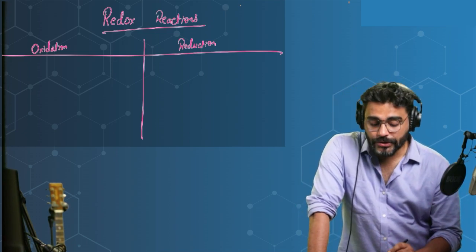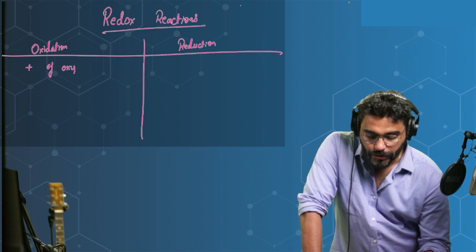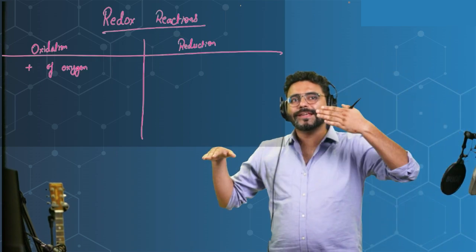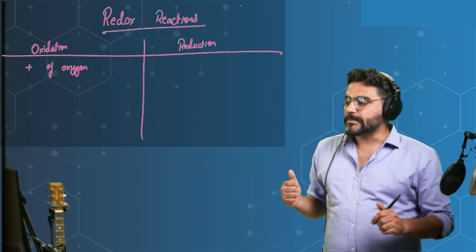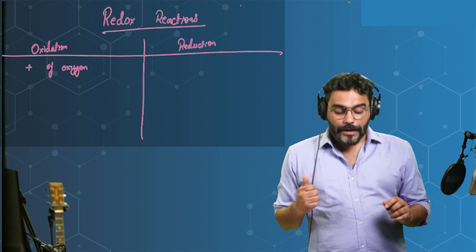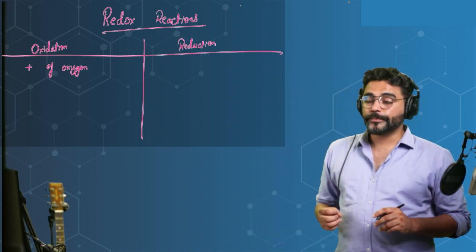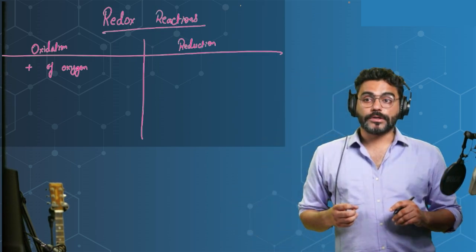The first definition of oxidation was addition of oxygen. Great. And oxygen in the SPDF table, where does oxygen lie? P block or S block? P block, isn't it? What lies in the P block?